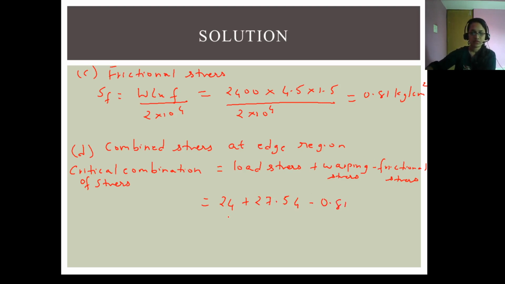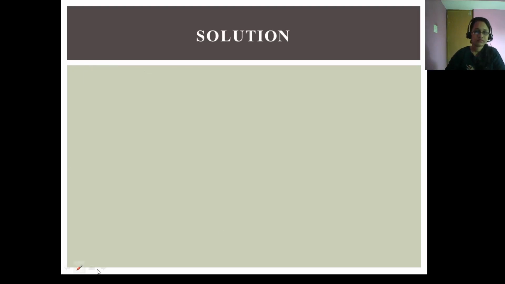So this will work out to be 50.73 kg per centimeter square. So this is the combined stress at the edge region. Now we have to find for the corner region.